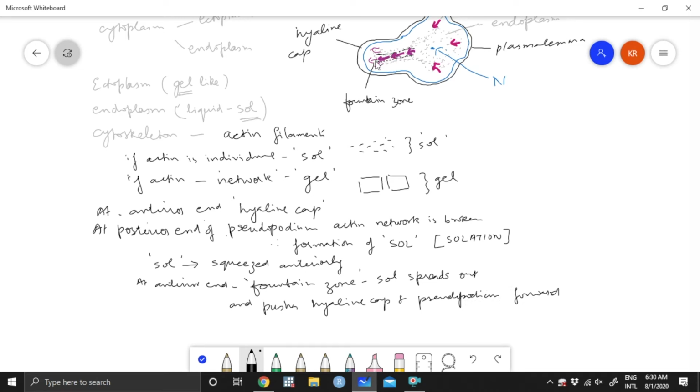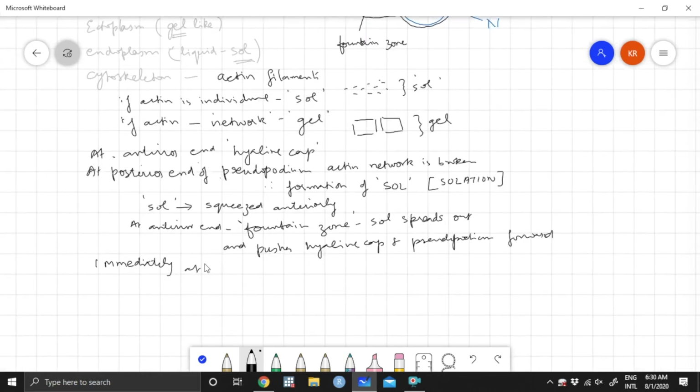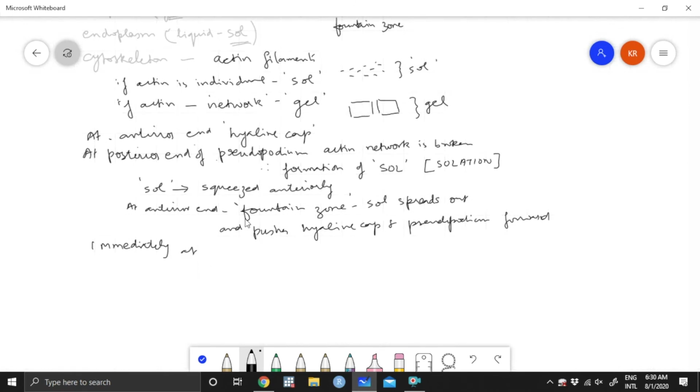Now when this part immediately at anterior end, sol is converted to gel. The sol is converted to gel.